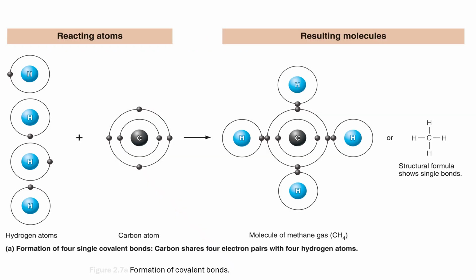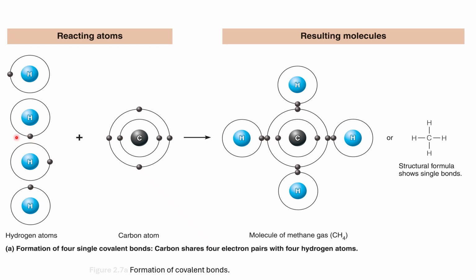All right, so let's look at this diagram. This diagram shows a structure of reacting atoms and the resulting molecules. So these are the reacting atoms, and this is the result. So we have 4 hydrogen atoms here and 1 carbon atom. A hydrogen atom has 1 electron in its valence shell.